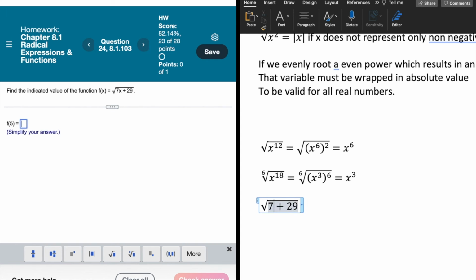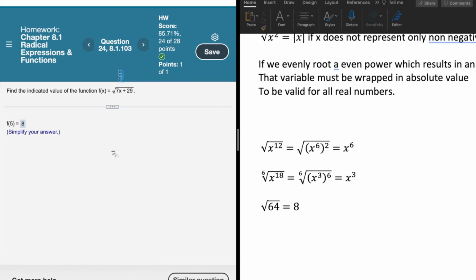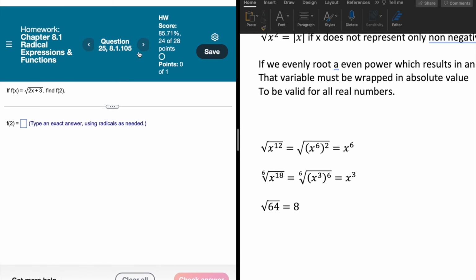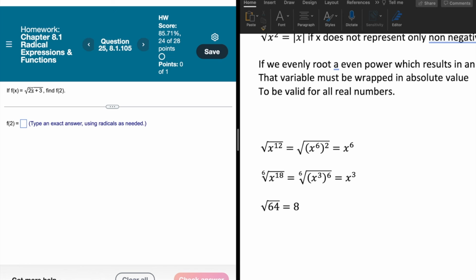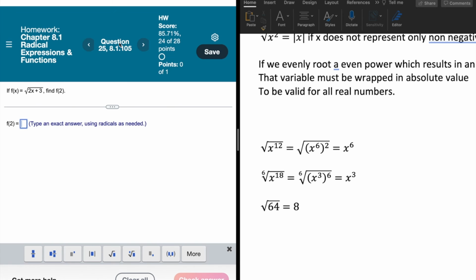Well, that's 35 plus 29, and that's 64, which is just 8. All right, do the same thing, so I'll skip over that. Actually, that one looks like the radical might not fully go away. Yeah, if you plug 2 in, you'll get just square root 7, so that would be your answer there.